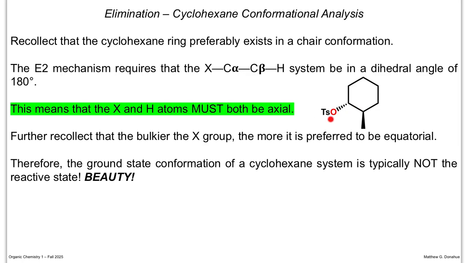So that's a sulfonate ester. That's our leaving group. We're going to call that the alpha carbon. And then we're going to run through this analysis and see how it can get a little bit more amorphous in terms of which of these beta hydrogens achieves the correct reactive conformation.